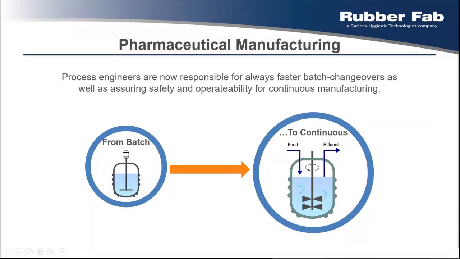For example, increased productivity, reduced energy, more time efficiency, and of course less waste. So it can be very beneficial for the pharmaceutical manufacturer to move the manufacturing mode from batch to continuous manufacturing.